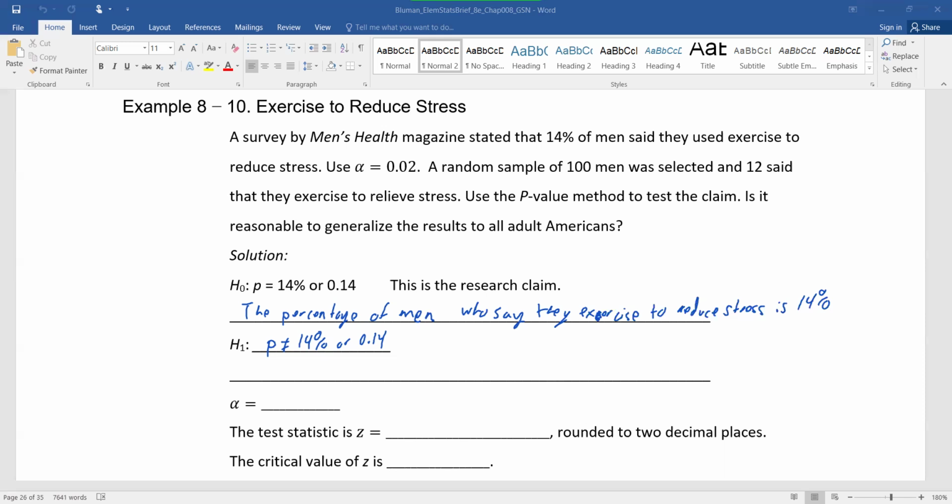All right. Anyways, how would you write this one in words? Exactly. It's going to be the exact same sentence with the word not right there.